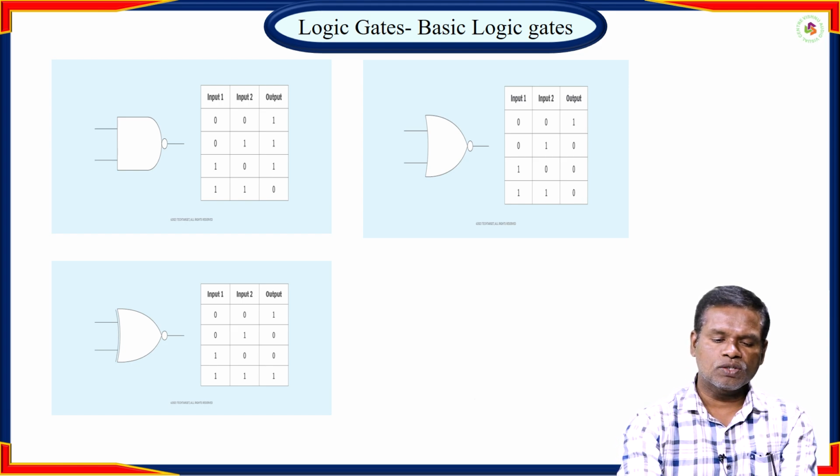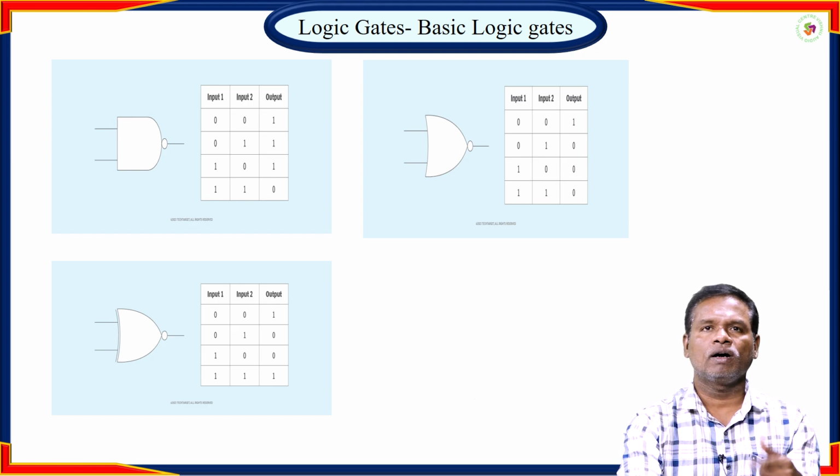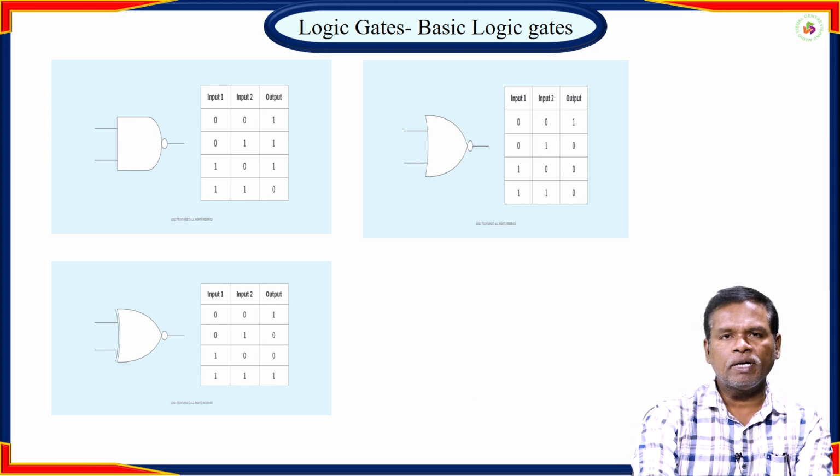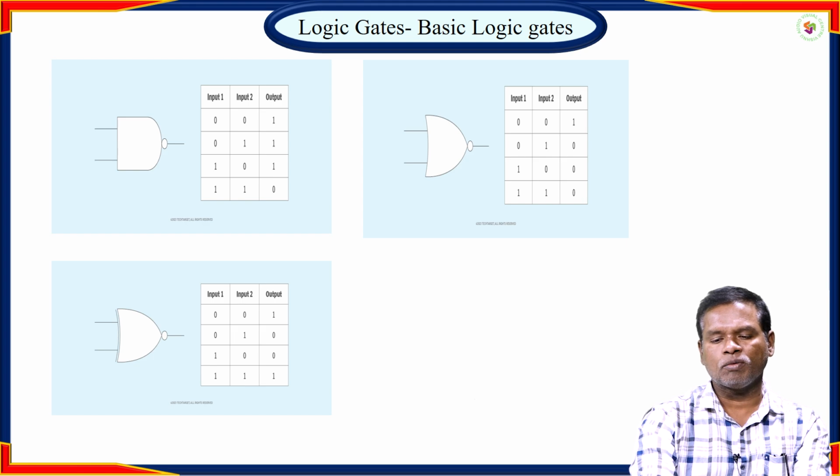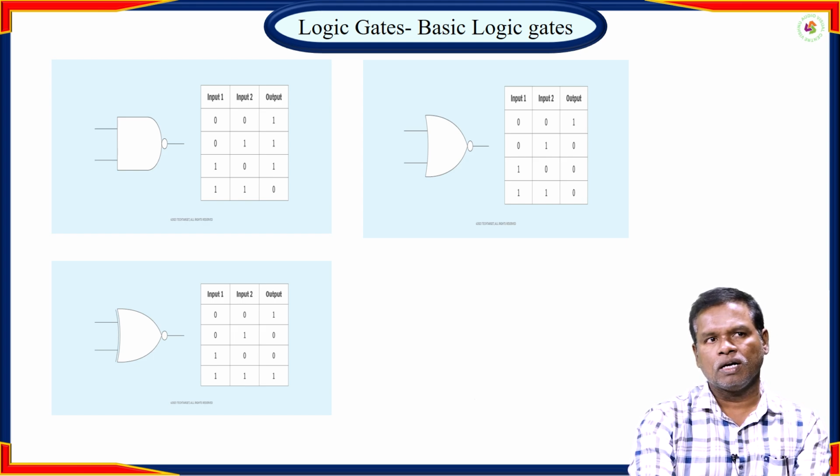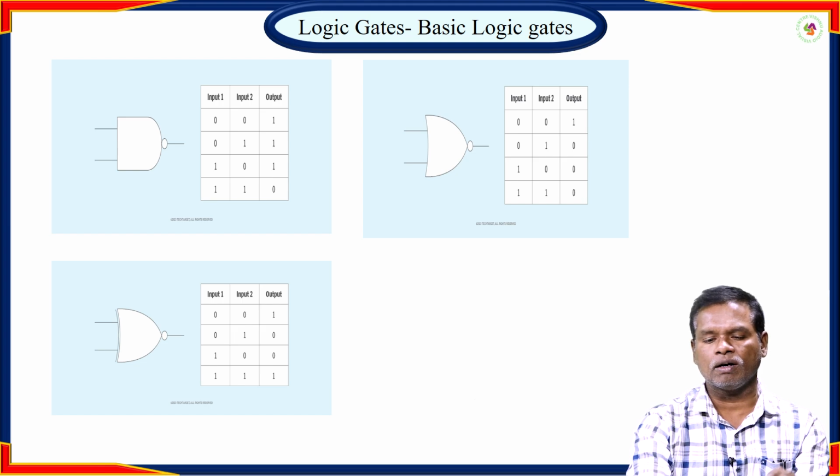And this last one, the 7th one, is exclusive NOR. Again, this is the complement of the XOR gate. In an XOR gate, when both inputs are similar, we get output as 0, and if the inputs are different, we get output as 1. Whereas XNOR is quite opposite, because the XOR operation is complemented.